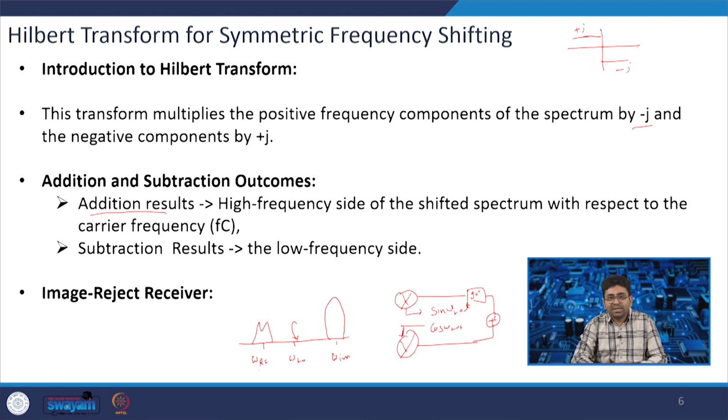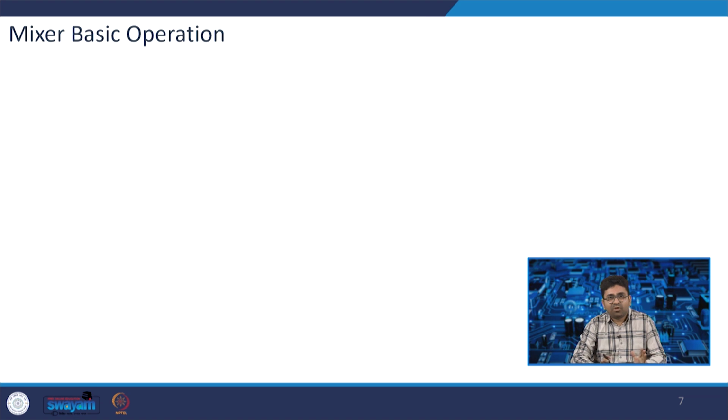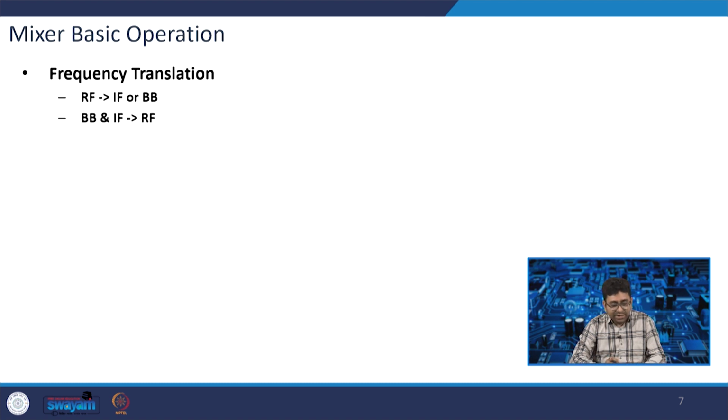So, the important thing is the multiplier or mixer, and how we are going to design a mixer. What is the basic operation of a mixer? We have seen all the basic theory of why we require a mixer. It is required even in a direct conversion receiver, and it can also be used in an image reject receiver, heterodyne receiver or low IF receiver, in all the receivers where we are doing frequency translation.